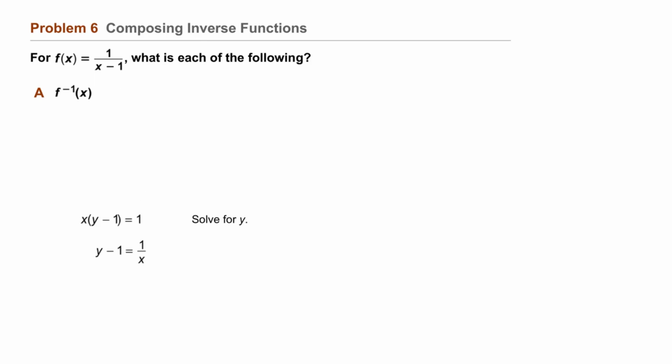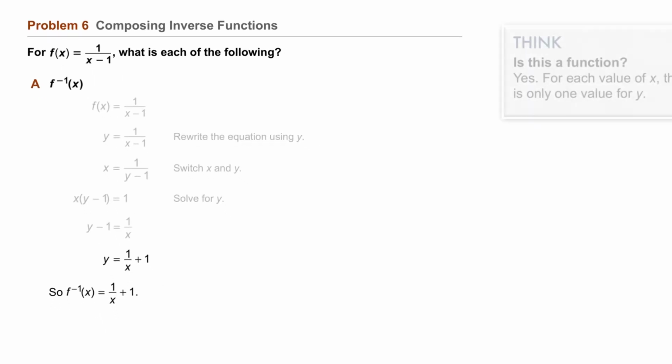This brings us to y minus 1 equals 1 over x. And finally, add 1 to each side. y is isolated in the equation y equals 1 over x plus 1. We'll replace y with function notation for the inverse and state: f inverse of x equals 1 over x plus 1.